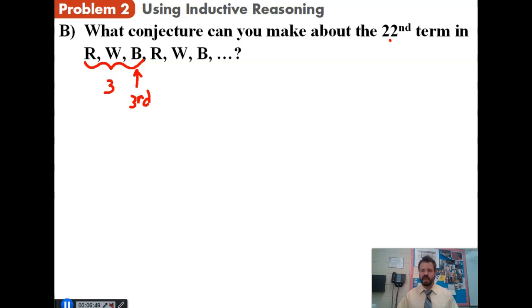So what I can do with that is I can find a term that's close to the 22nd term and divisible by 3. So as in the 21st term, I know it will be a B. Okay, meaning that if I count up by 1 with my pattern, after B comes the R, we'll have an R for the 22nd term.